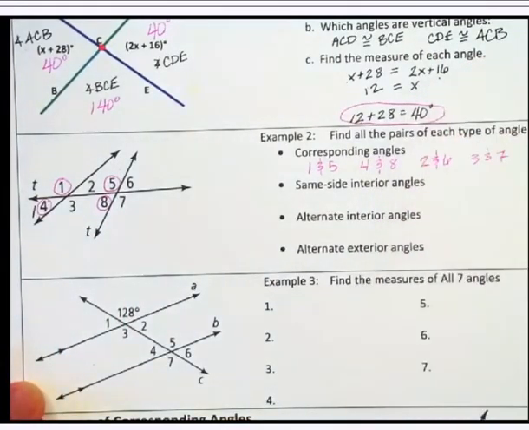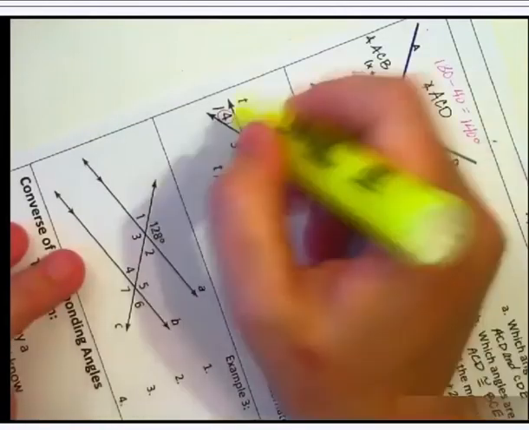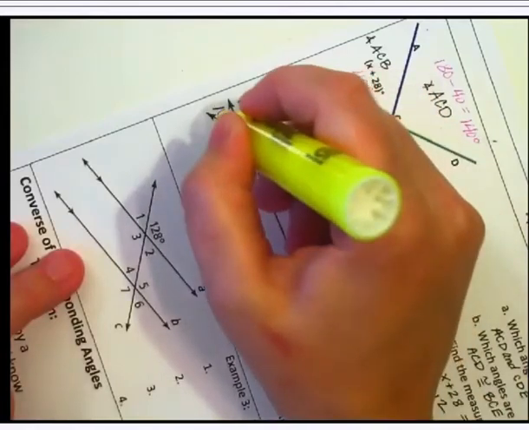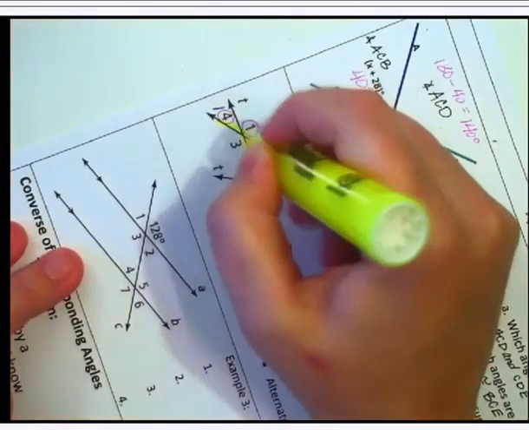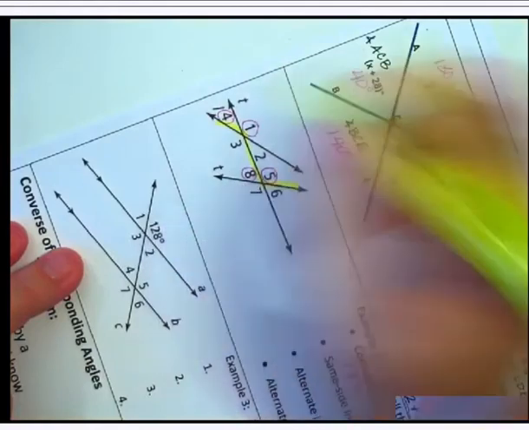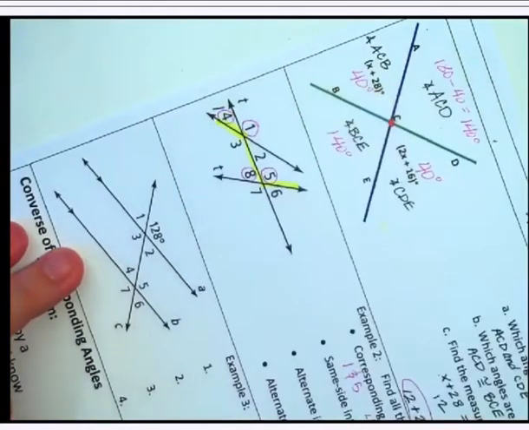Okay, so I've got 4 sets of corresponding angles. Let's do same side interior angles. So this looks a little weird, right? I said that you could draw a Z, and you still can. So here is, now it'll look really weird. Okay, but here's my Z.